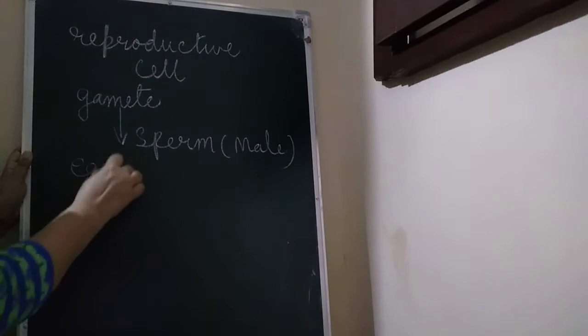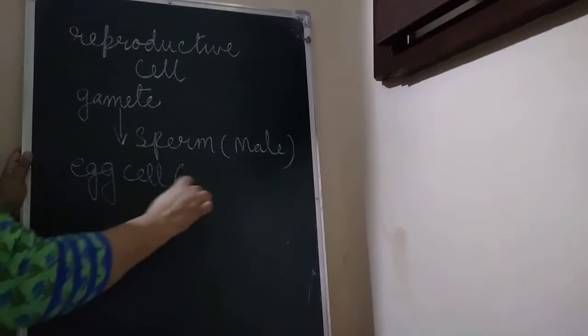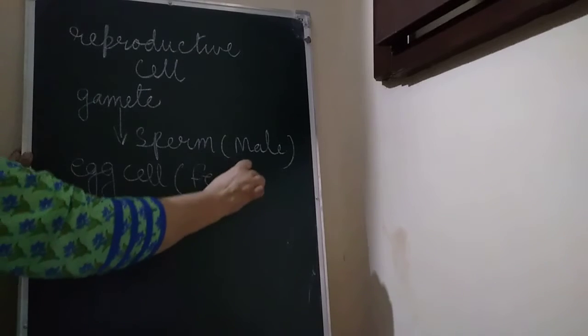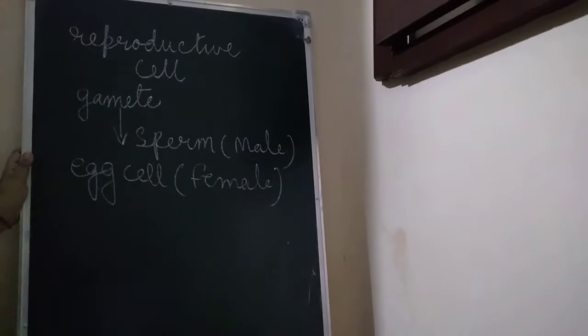They produce the egg cells, that is also known as ova, and the singular is ovum. Therefore, in these organisms, two parents, one male and one female, are required for sexual reproduction.